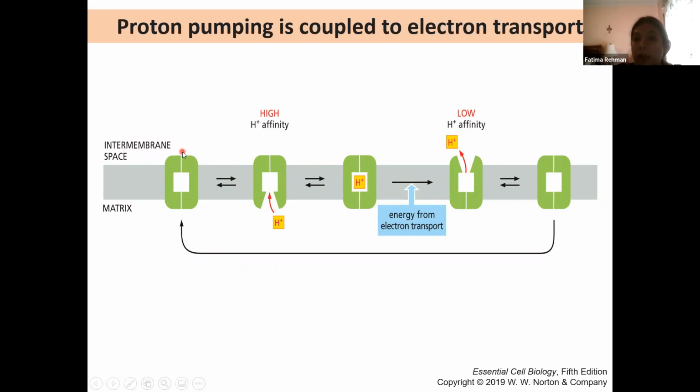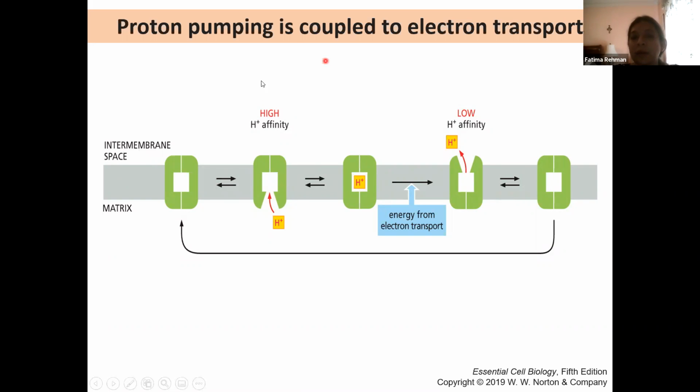So again, proton pumping is coupled with electron transport. Anytime you're transferring electrons from one carrier to another, you're shuttling protons with the proton gradient either towards the intermembrane space or into the matrix. When the concentration of the protons is low in the intermembrane space, each electron transfer will lead to release of protons into the intermembrane space.